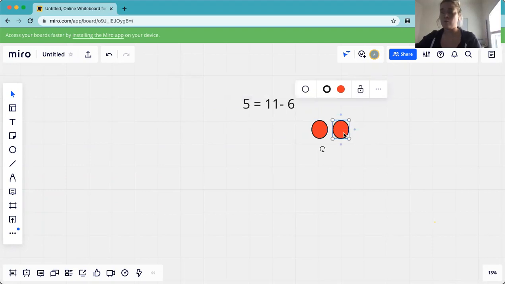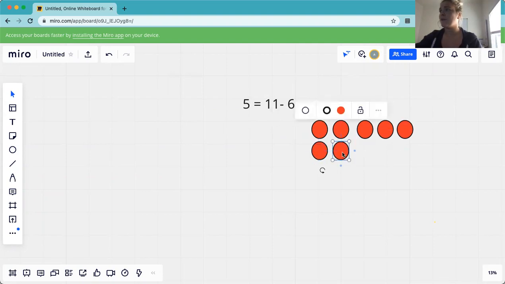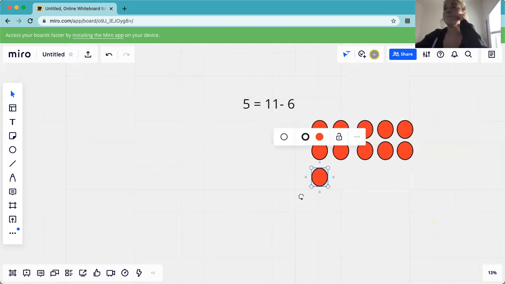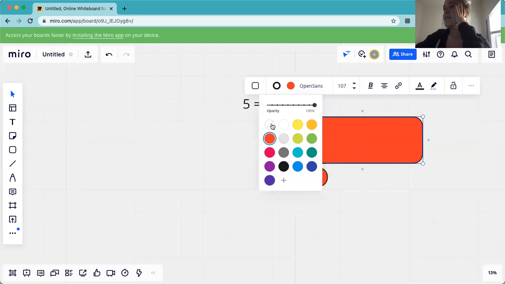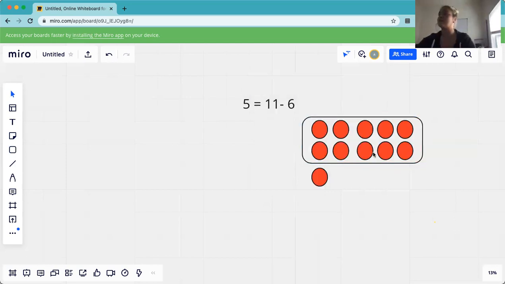So 1, 2, 3, 4, 5, 6, 7, 8, 9, 10, 11. I'm going to box off my group of 10 so it's easier to see that there are 10 in here. I'm starting out with 10 on the top and 1 on the bottom, which makes it 11.